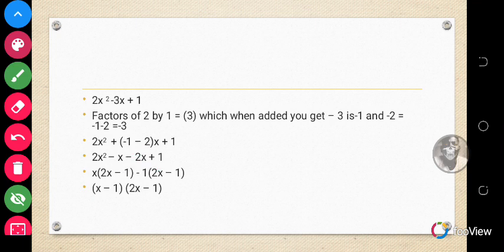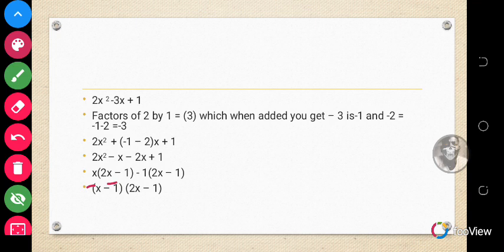So after expanding, using your method of grouping, when you have 2x minus x and minus 2x plus 1, you can simply remove one of the x here, and then you have 2x minus 1. And for this side, because the factor is just the same, you take negative 1 out, and then you have 2x minus 1 inside.